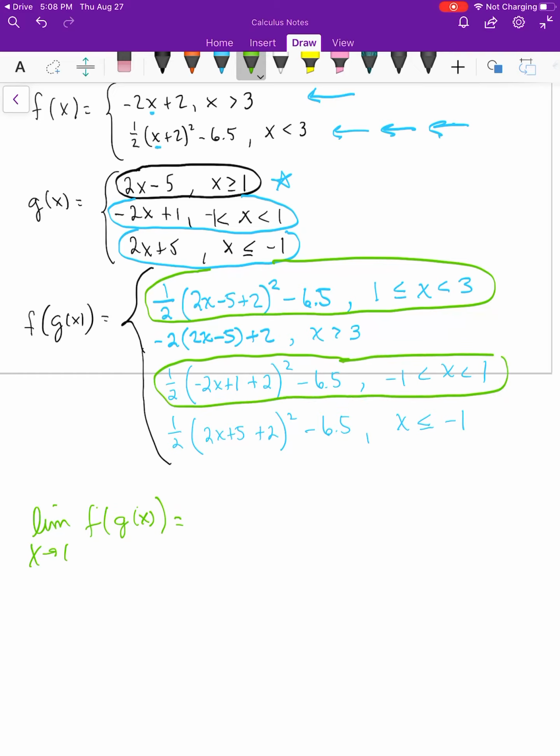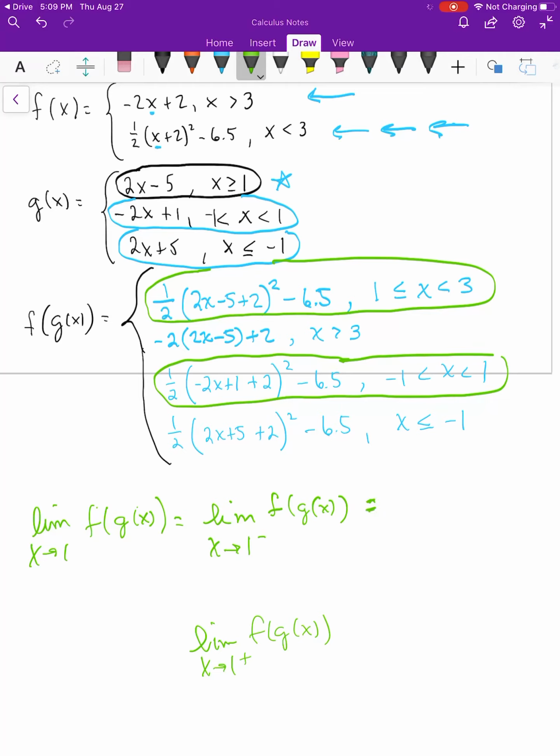So we're going to look at the limit as x approaches 1 from the left of f of g of x, and the limit as x approaches 1 from the right of f of g of x.